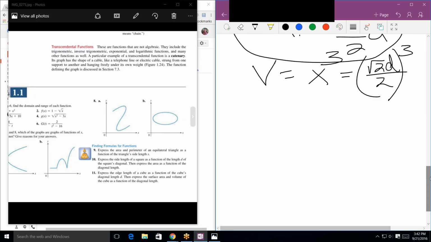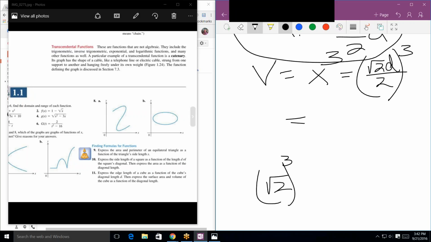And so volume becomes what? What is this amount cubed? What's the numerator cubed? First of all, what is square root of 2 cubed? Do it one at a time. Square root of 2 cubed is square root of 2 times square root of 2 times square root of 2. So what's that equal to? 2 square root of 2.